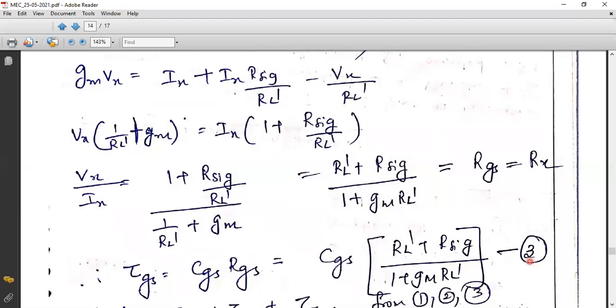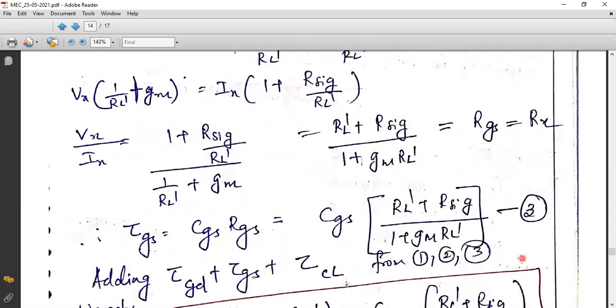Add all the three equations together. That is tau GD, case 1, case 2, and case 3. Tau GD, tau GS, and tau CL.